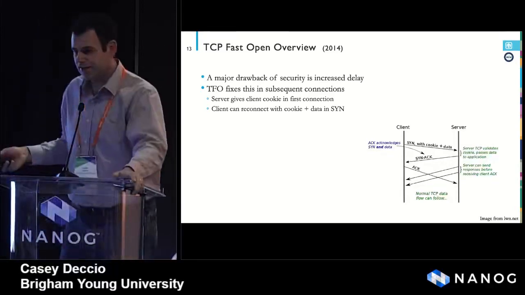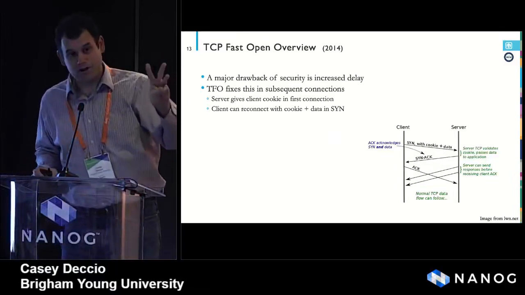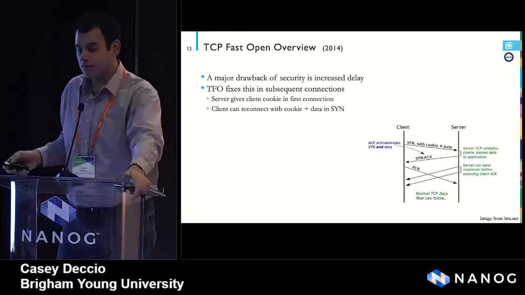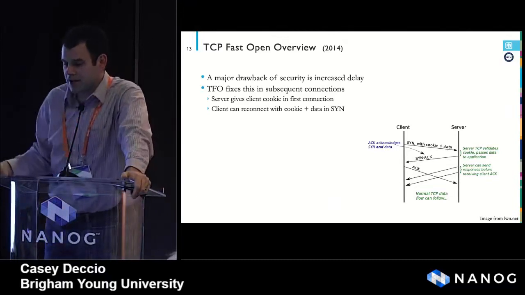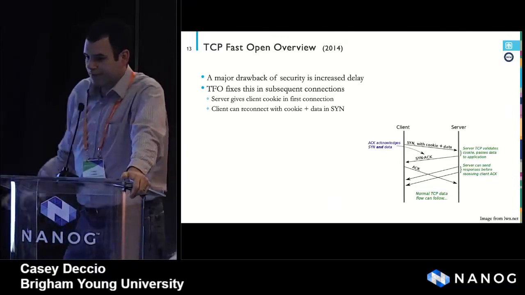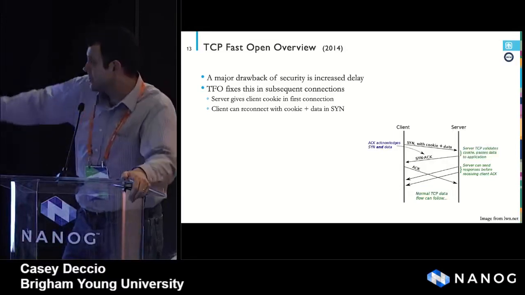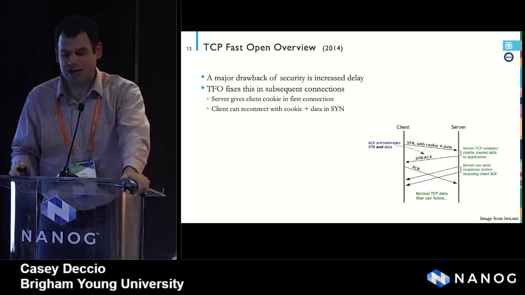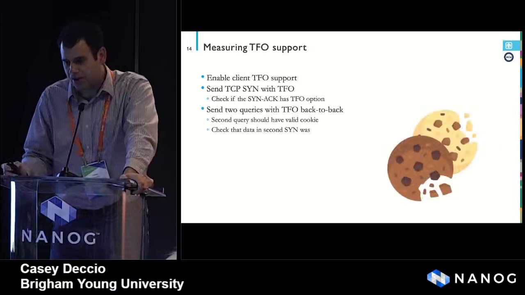In a TLS connection, depending on what version, you either go from 3 to 2, or if you include the 0 RTT, you can actually go from 3 to 1, which is a great deal. So if you're doing a lot of different connections to a server using one of these newer encryption technologies, TCP Fast Open can be your friend. And so adopting it for DNS was kind of a big deal, and it was involved in a lot of the research that came out for it.